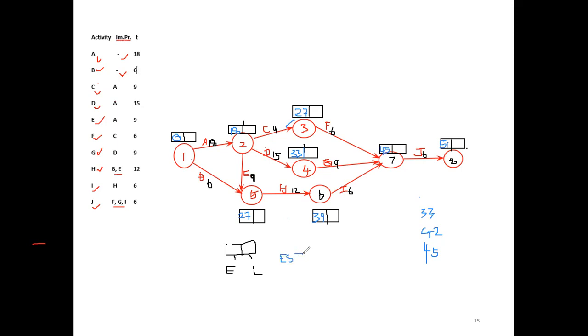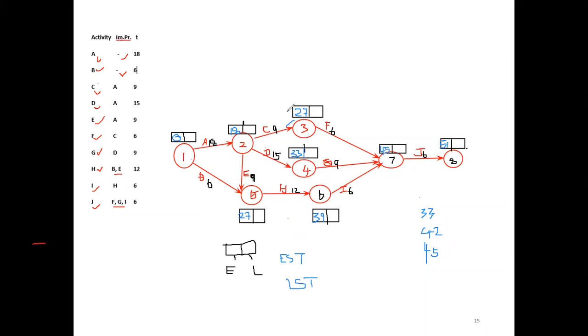The second part we can simply say is latest time, LST. I will talk about LST and EST in the calculation of the float. Now we have calculated the earliest time. Specifically, we can say that we have calculated the earliest start time.